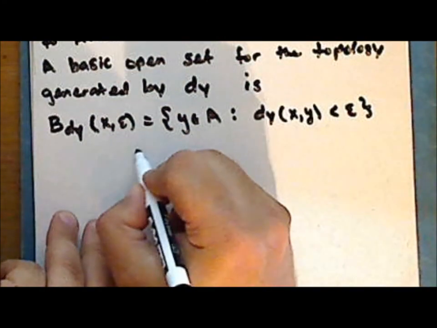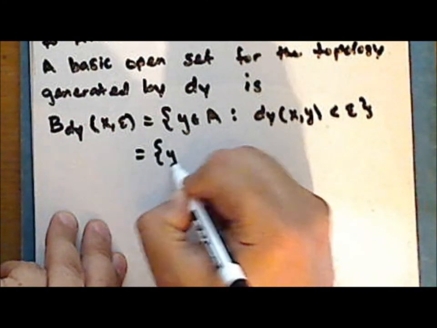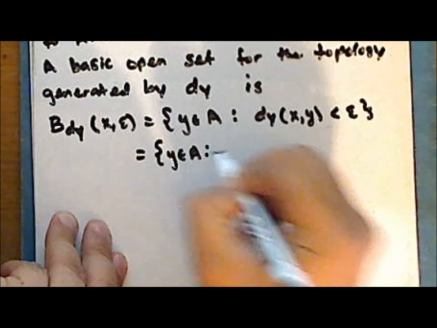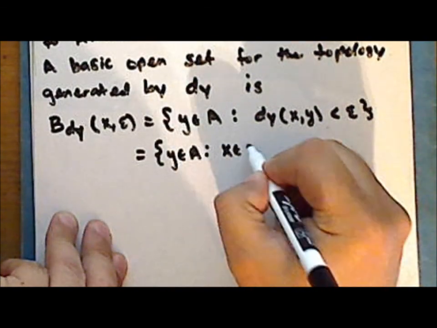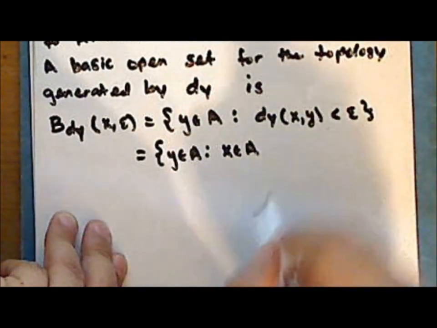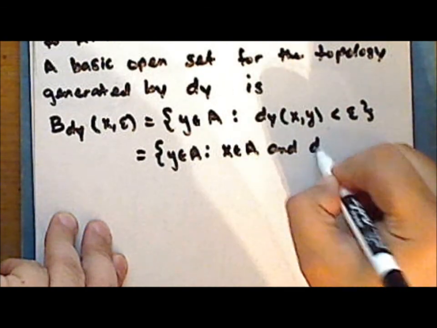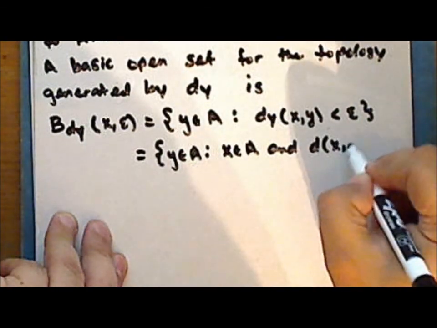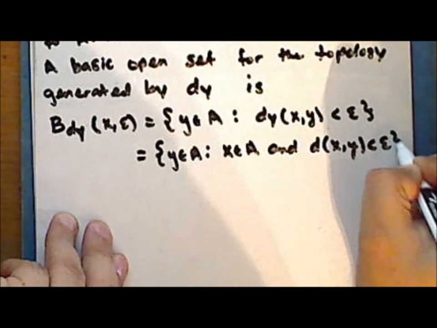Now this is the same as the set of all points y in A such that x is in the set A and the distance under the metric d from x to y is less than epsilon.